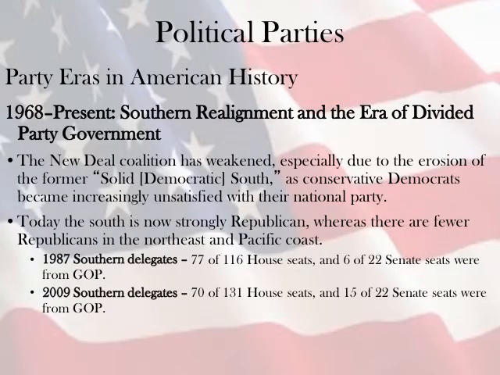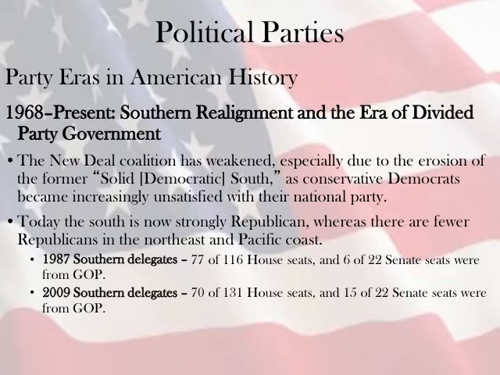Now, from 1968 to the present: Southern realignment and the era of divided party government. The New Deal coalition has weakened, especially due to the erosion of the former solid Democratic South, as conservative Democrats became increasingly unsatisfied with their national party. Today, the South is strongly Republican, whereas there are fewer Republicans in the Northeast and Pacific Coast.